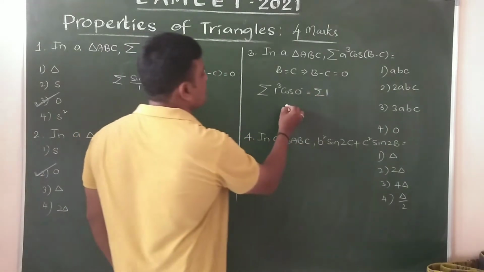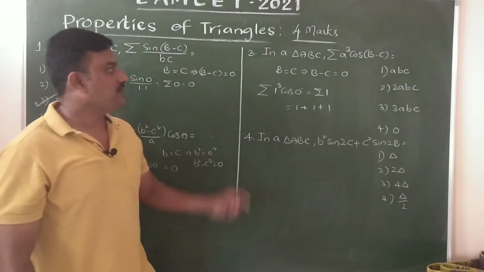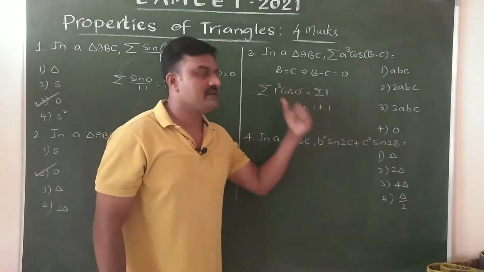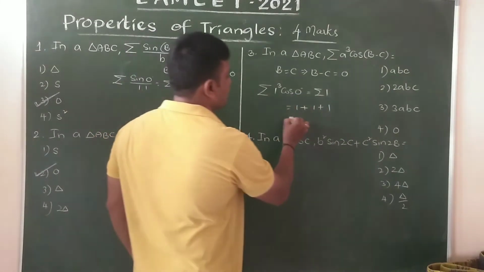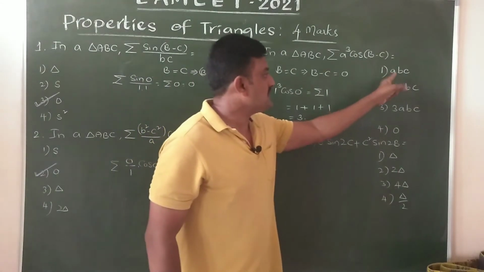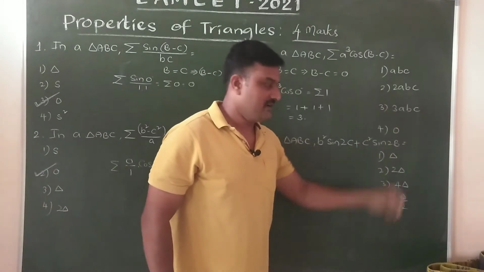Sigma 1 means 1 plus 1 plus 1. We have 3 terms, A, B, C, so 1 plus 1 plus 1 is 3. But 3 is not in the options. Yes or no? The options are ABC, 2ABC, 3ABC, and the fourth one is 0.